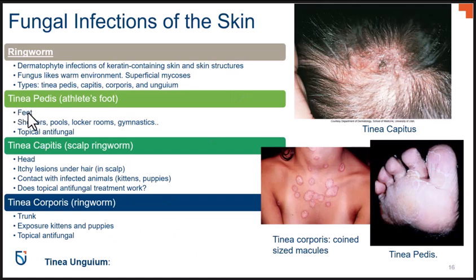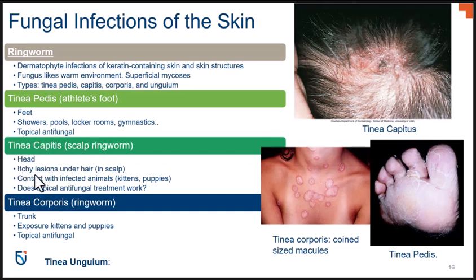So with tinea pedis, it affects the feet, as already mentioned, common to catch it in showers, pools, locker rooms, kids that are taking gymnastics, and that's because of the bare foot on a warmer floor. Commonly treated with a topical antifungal ointment. Tinea capitis, think cap on your head, is a scalp ringworm.